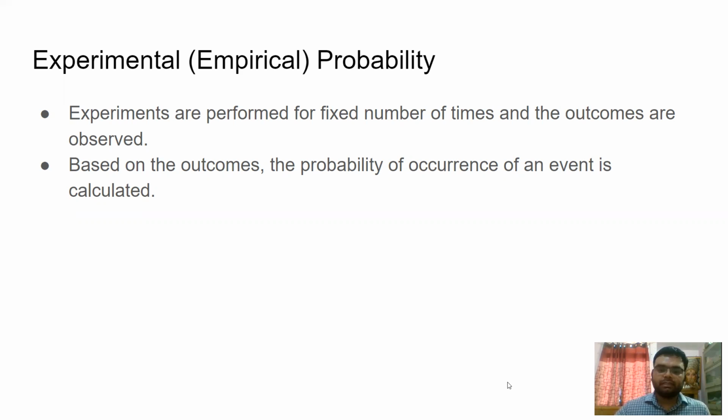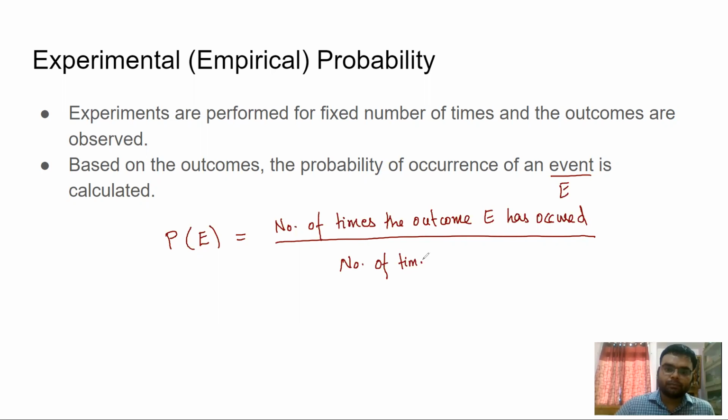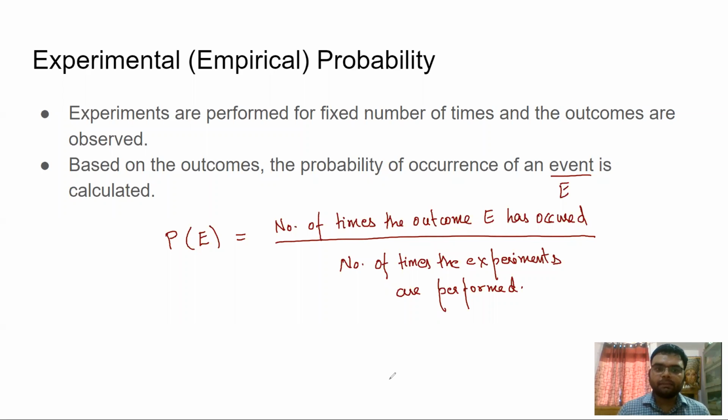Suppose the event is E, and we denote the probability of occurrence of an event E by P(E), which is equal to the number of times the outcome E has occurred divided by the number of times the experiment is performed. Okay, so this is my experimental probability.